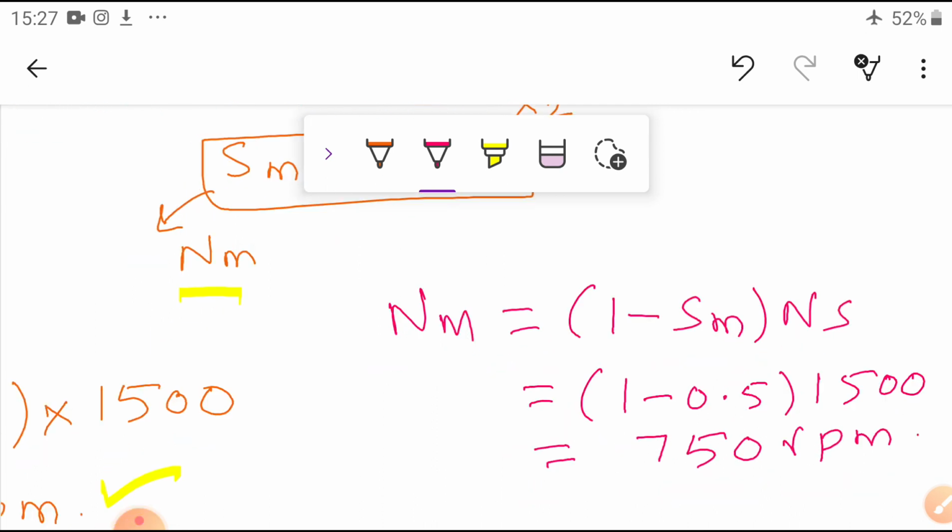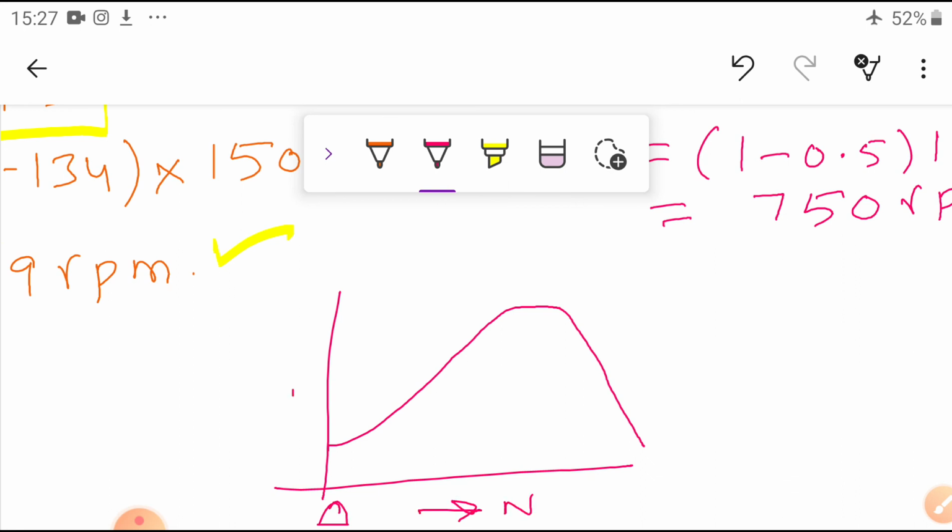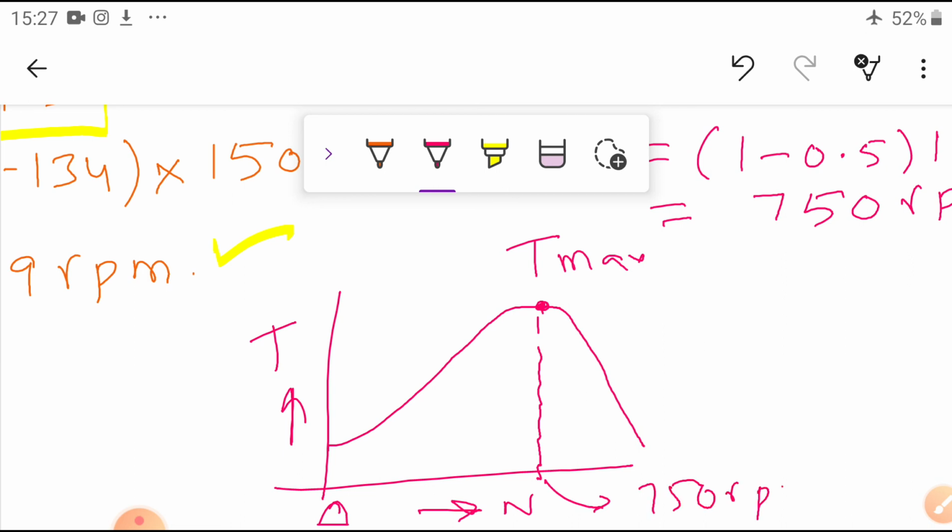That means what has happened here: on the torque-speed curve, with speed N and torque T, this is T max. At that condition the speed is 750 rpm, and this is 1500 rpm.